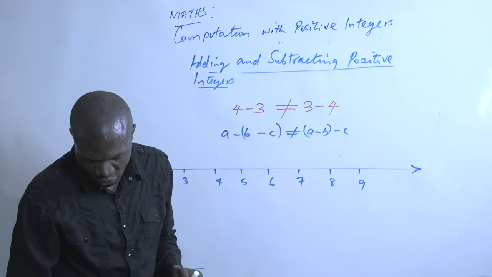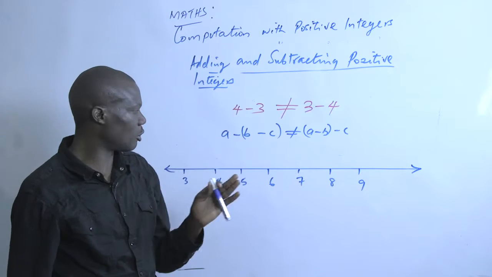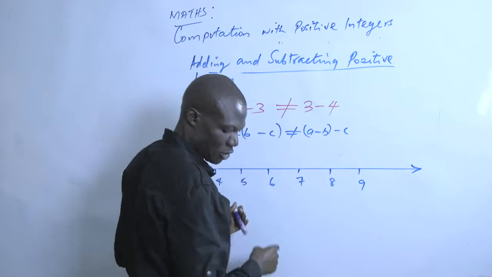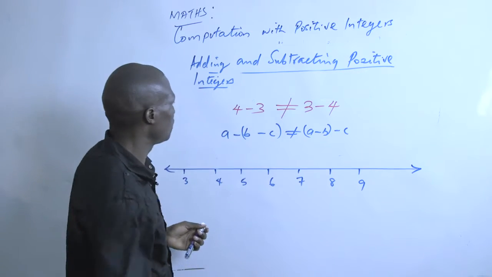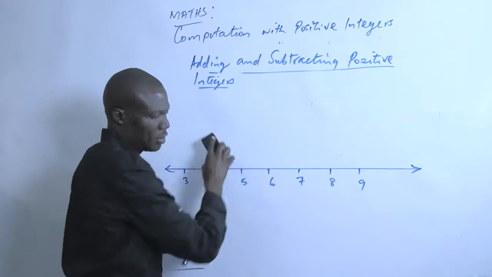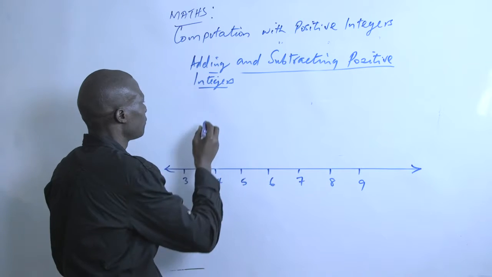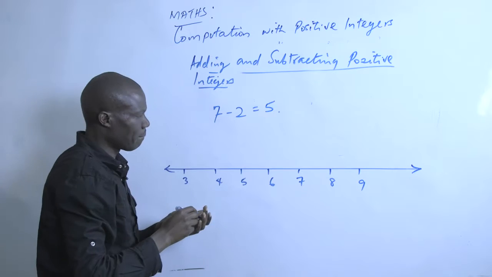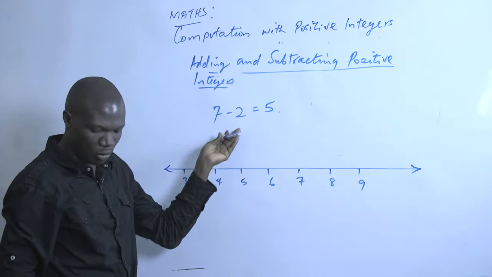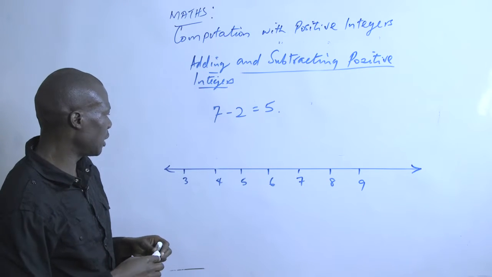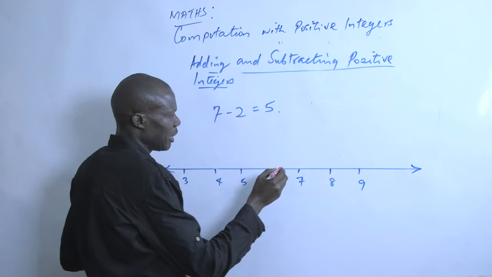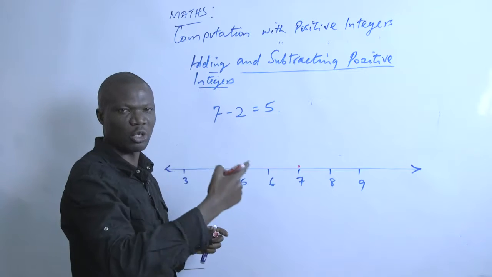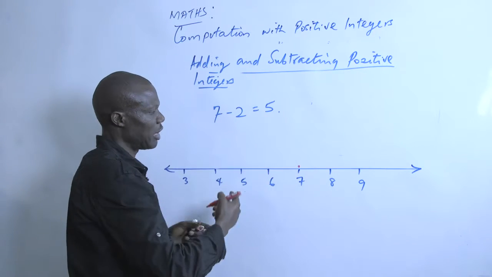So looking, for example, and we shall demonstrate using a number line, 7 minus 2. This is supposed to be 5. To illustrate that, we shall look at where the 7 is. While subtracting, we shall be moving to the left-hand side of the number line.